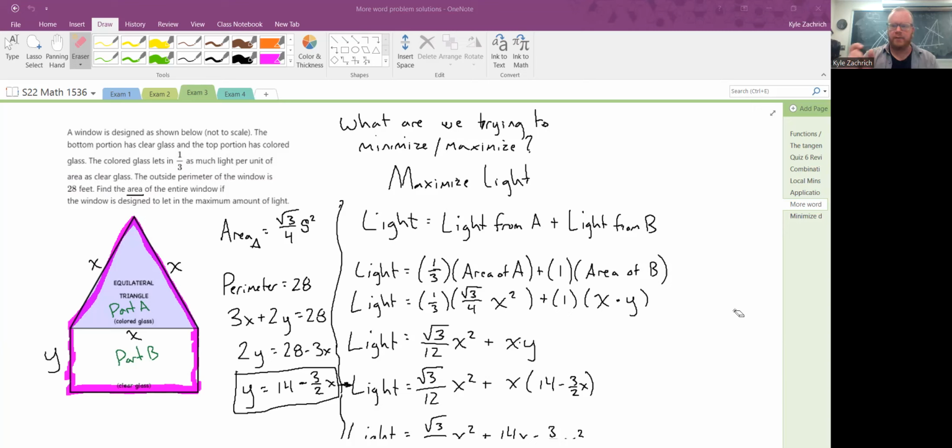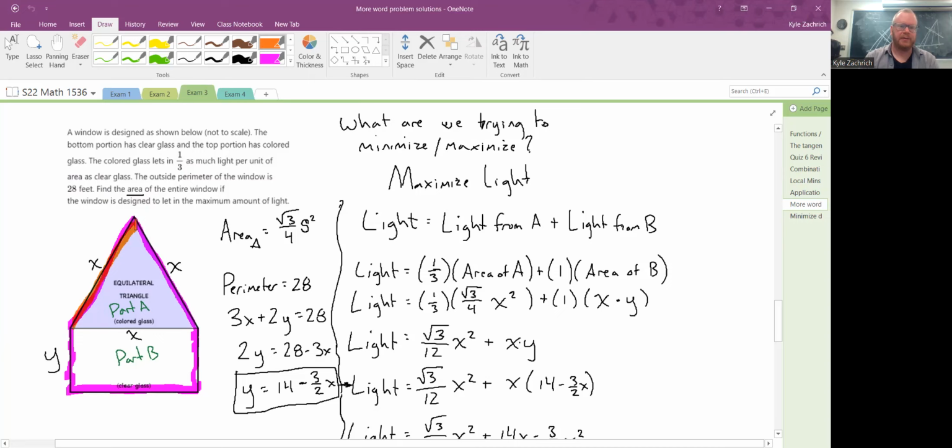And once you've got an equation for the thing that you're trying to maximize or minimize, now it's time to take all the other information that you have and try to fix your equation that way. So here, the extra information that I got was that the outside perimeter of the window is 28 feet.